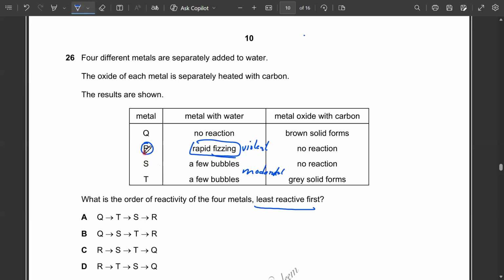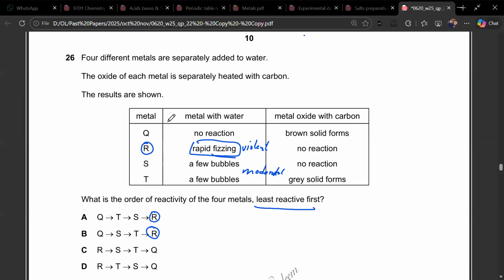So the reactivity of R is highest, and we have to identify the reactivity order with the least reactive first. So R will be at the extreme right side. In both options A and B, we have R at the extreme right side. Now, we also have to identify the least reactive metal here.